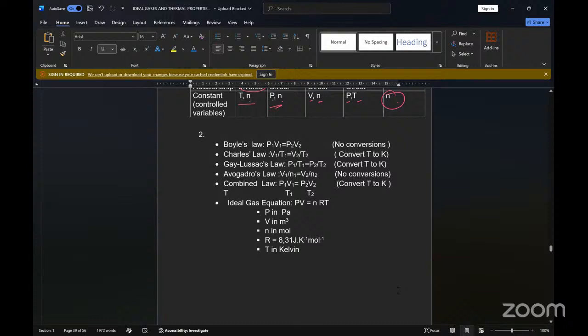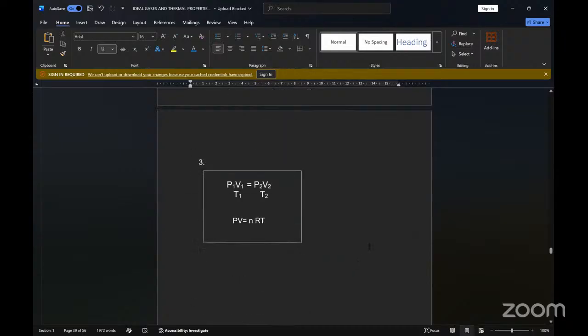But when you deal with the ideal gas equation, PV equals nRT, then you have to be very careful. Your pressure must be in Pascal, your volume must be in meter cube, your number of moles or amount must be in moles, your R must be this value 8.31, and then your temperature must be in Kelvin. Okay? That is what you do. So we are done with that.